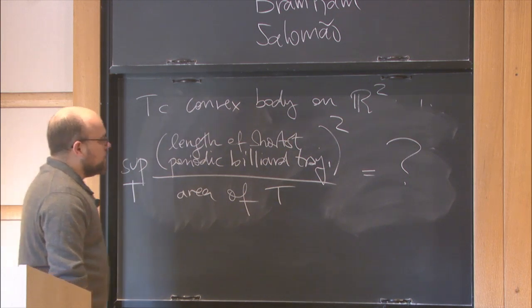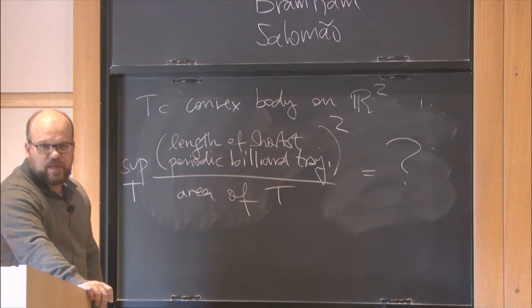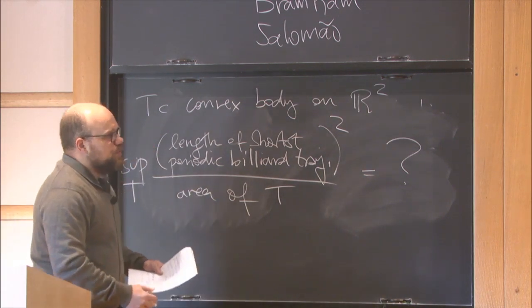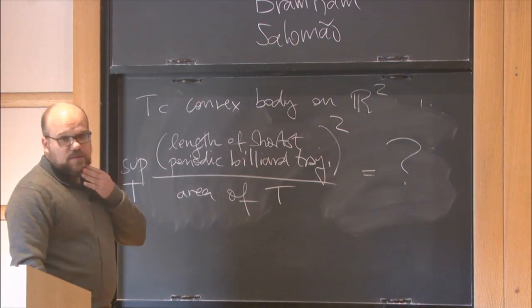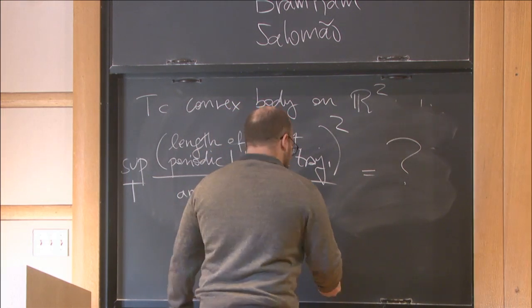If one looks at constant width tables, then the Reuleaux triangle is a maximizer. But it seems that the computer wants to make us believe that you go up from the Reuleaux triangle. So it seems to be hard. I don't know.